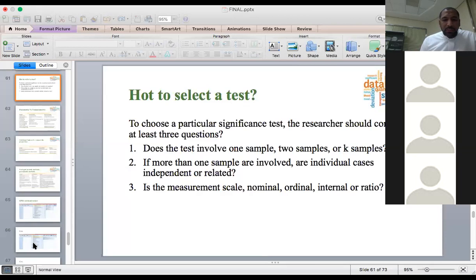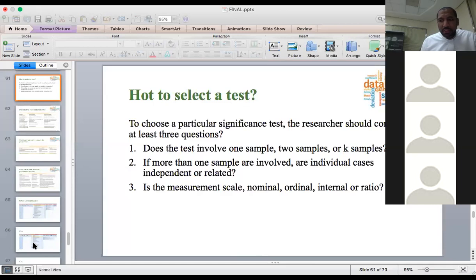Now, is the measurement scale nominal, ordinal, interval, or ratio? It's very important as well. Now, for example, correlation. Correlation is done for two numerical data. I'll give an example.